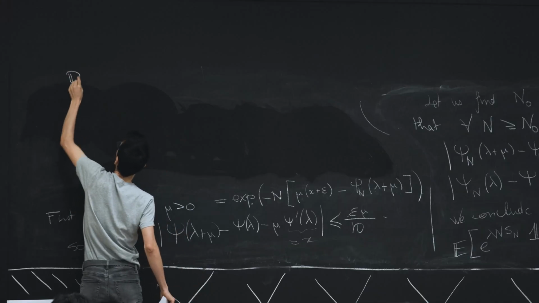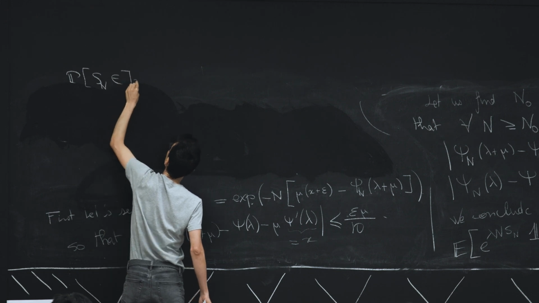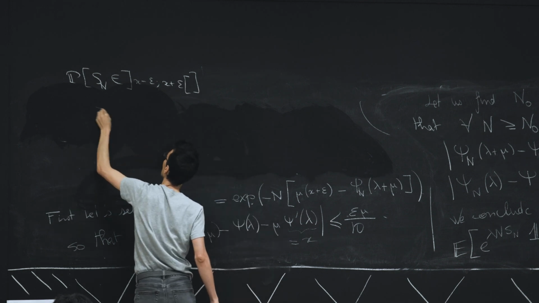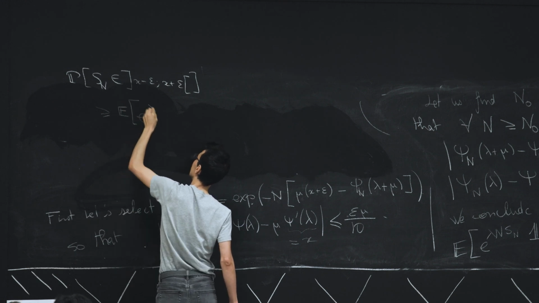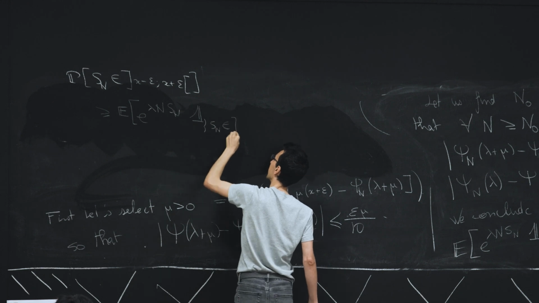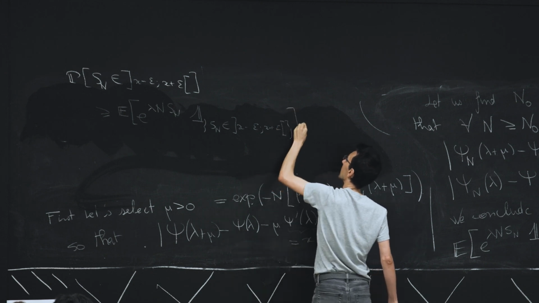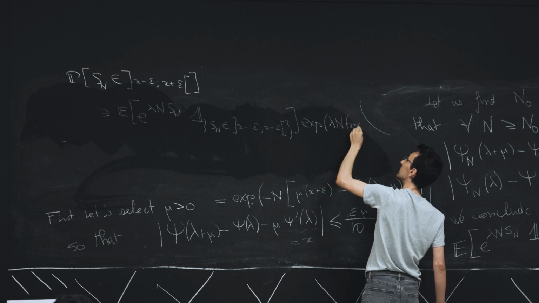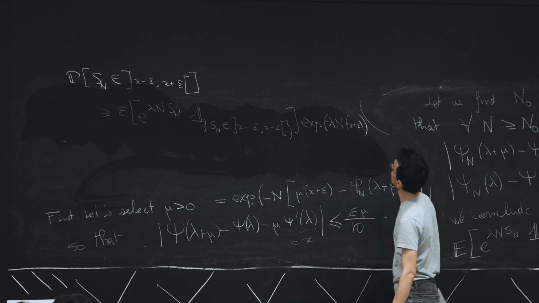We were calculating the probability that Sn belongs to the interval x minus epsilon, x plus epsilon, and we said it's larger than the expectation of e to the lambda n Sn with this indicator function, times exponential of minus lambda n x plus epsilon. I think it's like this.